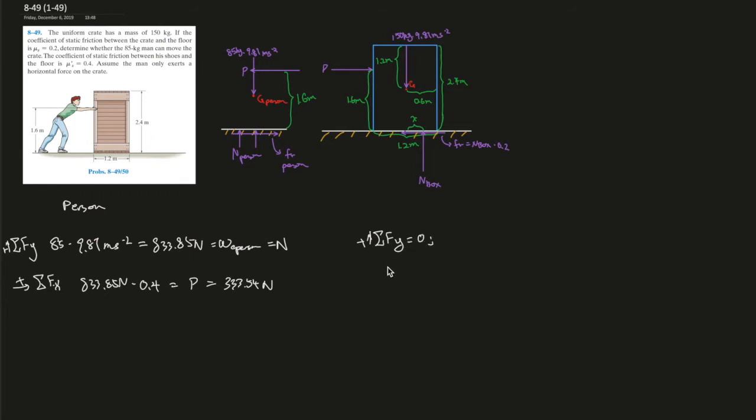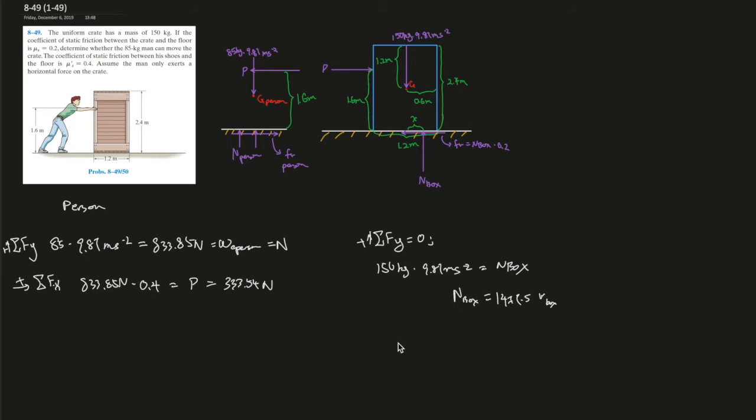So that means 150 kilograms times the acceleration due to gravity equals the only other force counteracting it, the normal force of the box. The normal force should give you 1,471.5, which is the weight of the box.